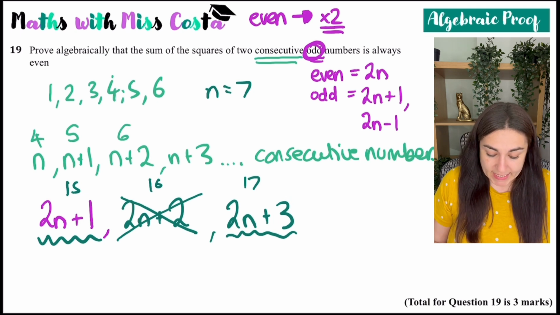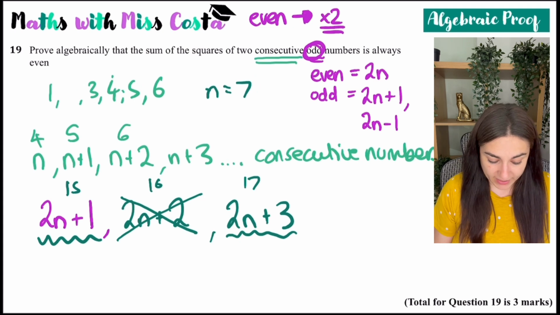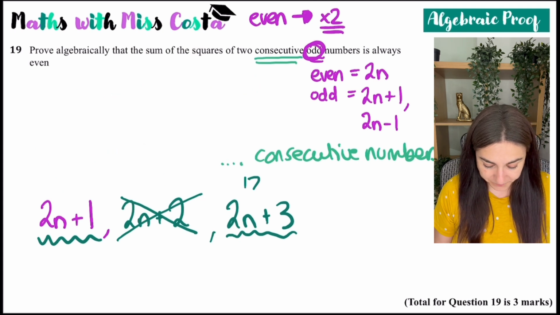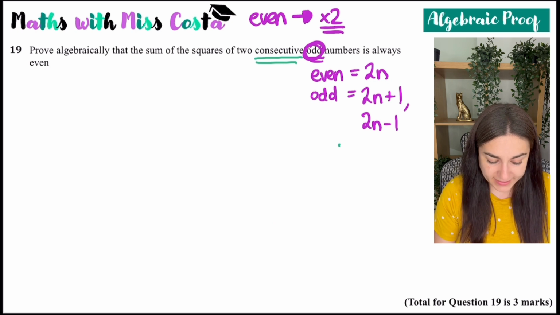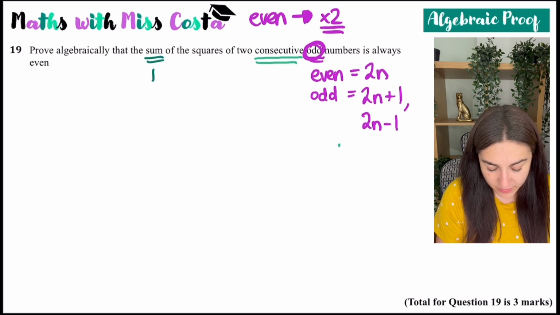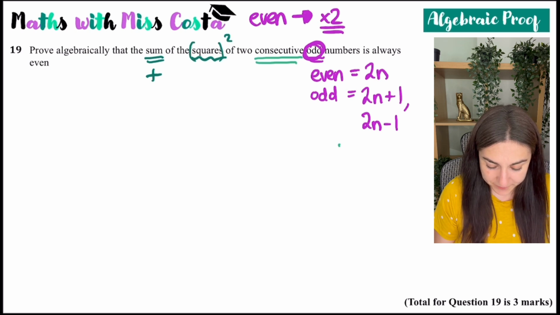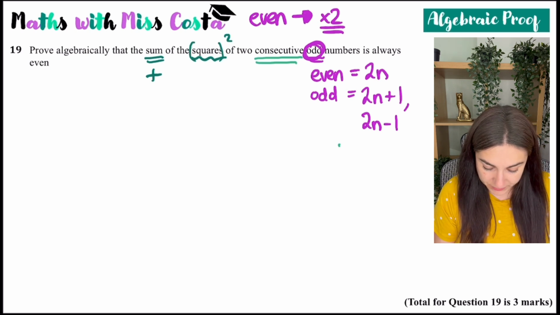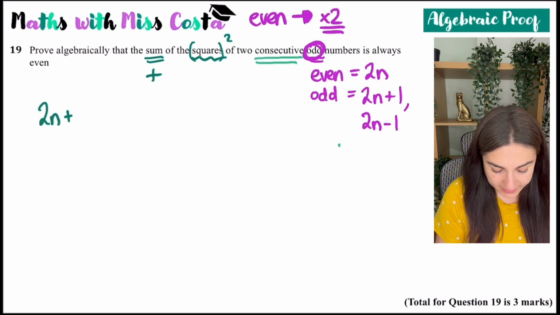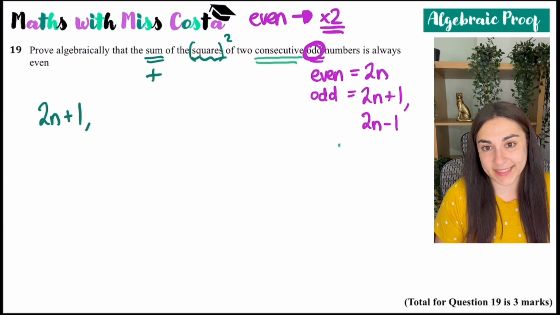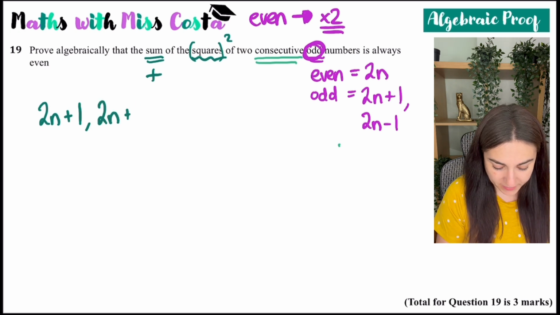So this is where a little bit of difficulty arises in this question, but hopefully that made it a little bit clearer. I need to prove algebraically that the sum, which means add, of the squares, so whatever it is, I'm going to square it, of the two consecutive odd numbers is always even. My first odd number is 2n plus 1, and for it to be consecutive, the next would need to be 2n plus 3.